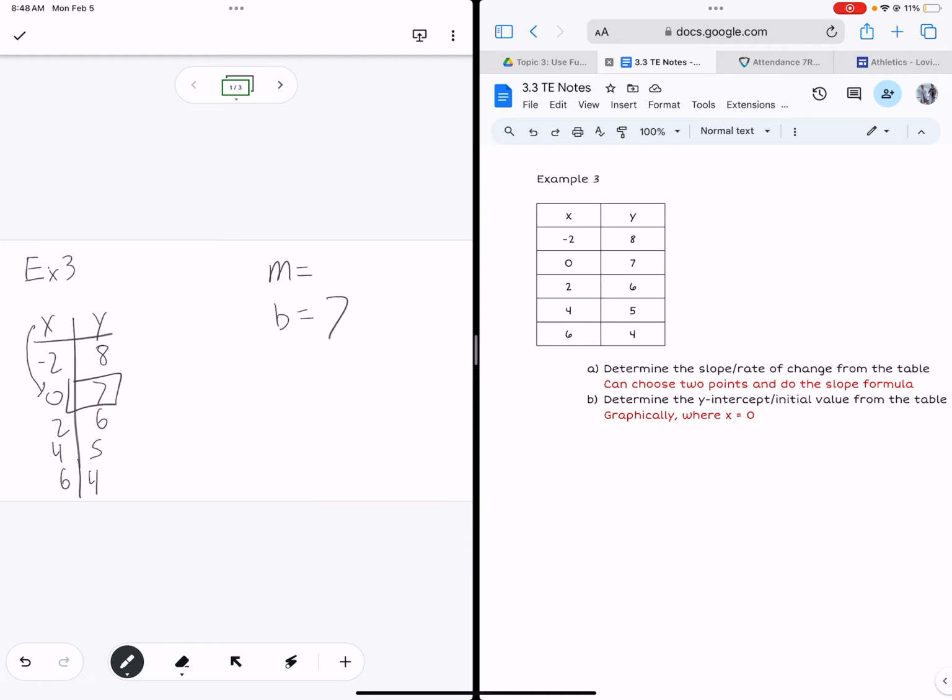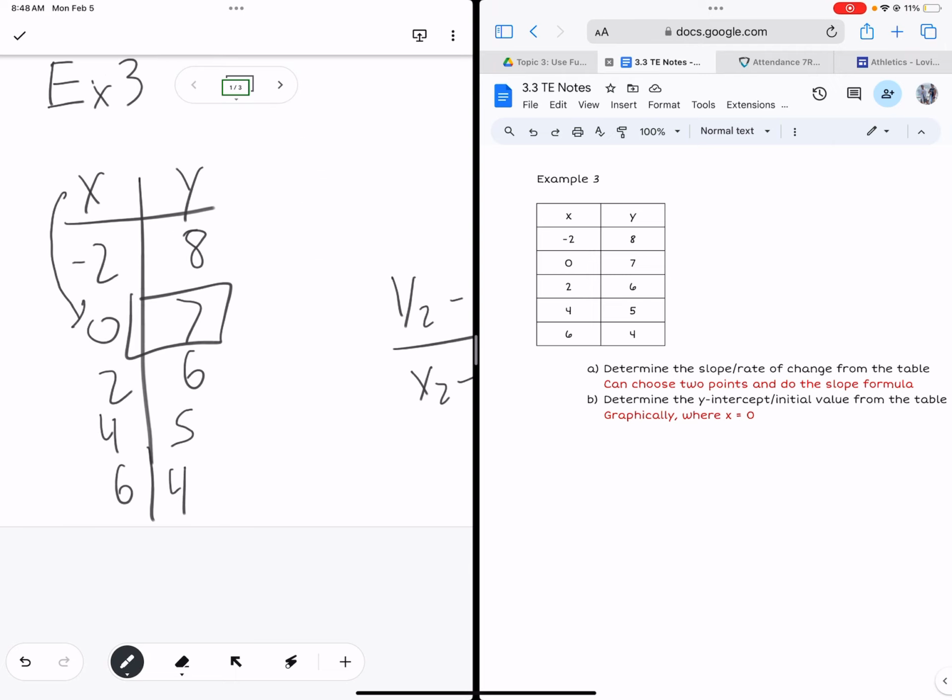Now we got to find that slope, and when we're given a table and we're trying to find slope, we have to use the slope formula. So that's going to be y2 minus y1 over x2 minus x1, and we can use any 2 points. We can use the first row, the second row, third row, any 2 that we want.